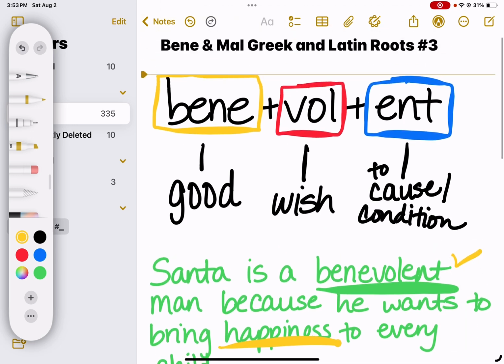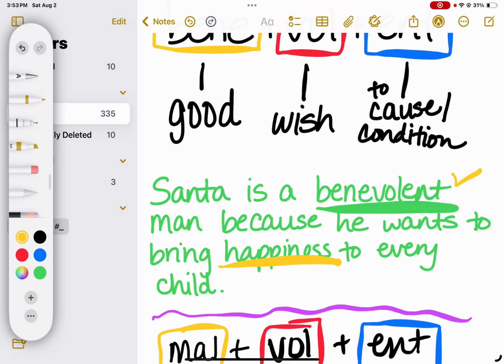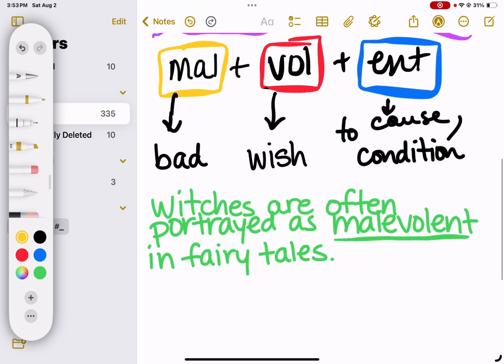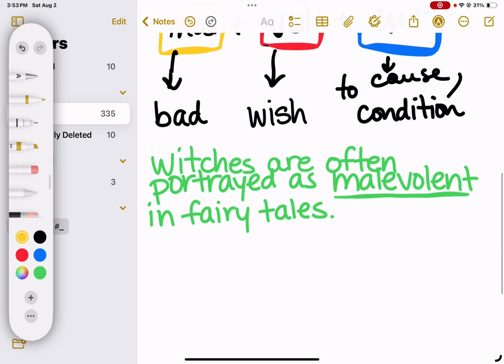The only reason I bring up the context is that you want to get their brain thinking about whether this is giving positive or negative vibes for the word benevolent. And same thing with malevolent. I would show them the sentence: Witches are often portrayed as malevolent in fairy tales.